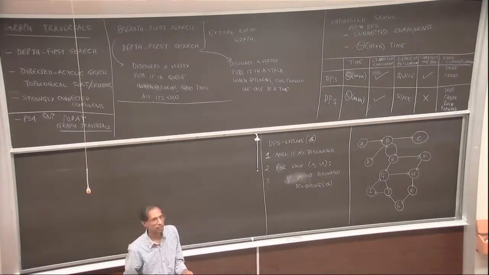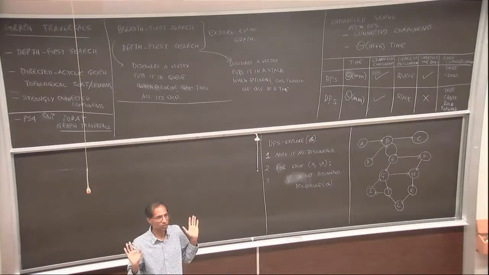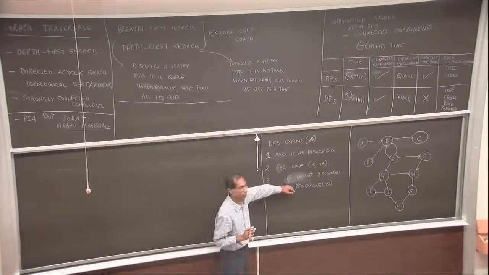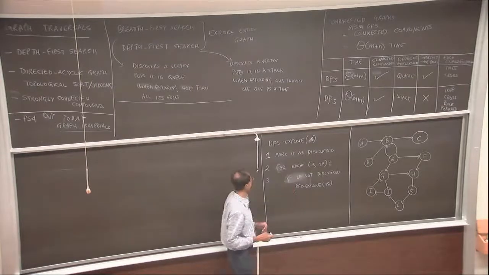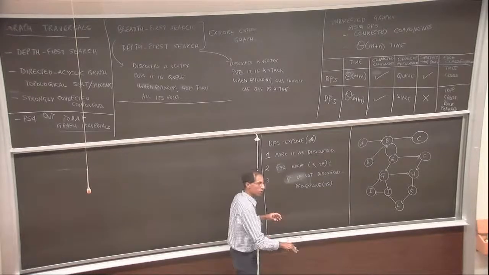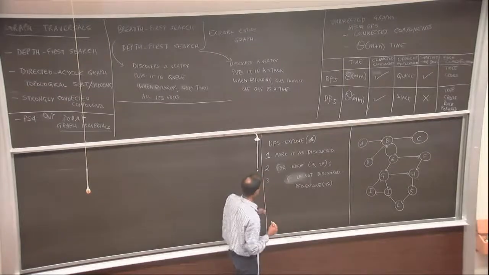If the neighbor has already been visited before, you don't visit it again. But if it's not been visited, you go ahead and call DFS explore. You do this for one edge, and notice that once you do that, that's a new call for DFS explore, and then you might do something there, and then you come back.